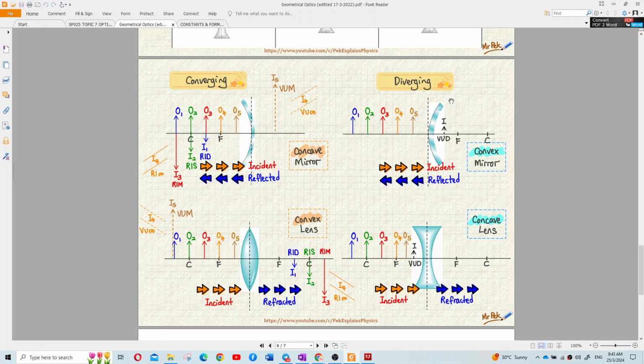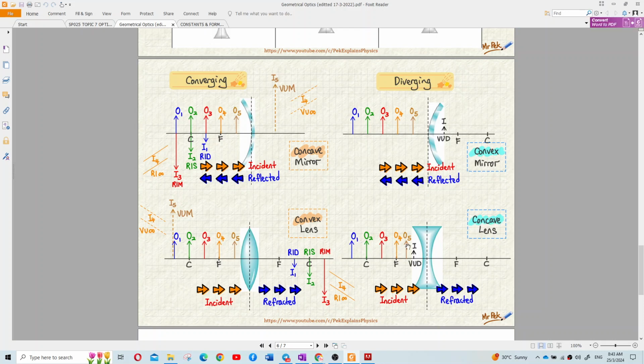But for diverging mirror or lens, it is convex mirror. Convex mirror is diverging, understand? Diverging, because it diverges the light away. So it cannot form real image, it can only form virtual image. Same goes to concave lens.